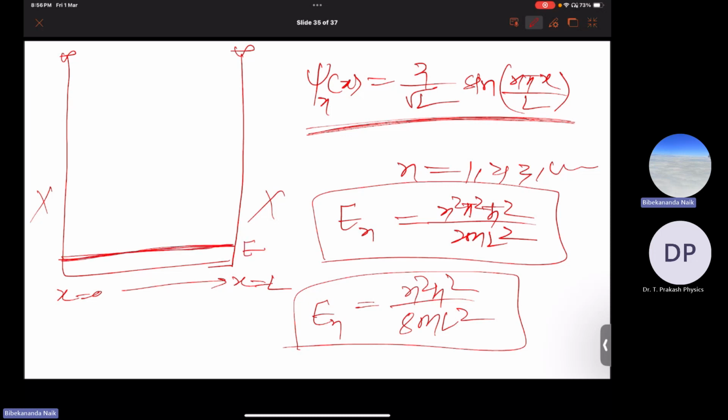So this is E0, then this is E1. E0 will be how much? E0 will be n square h square by 8 m L square. Putting n equal to 1, it will be h cross square by 8 m L square.